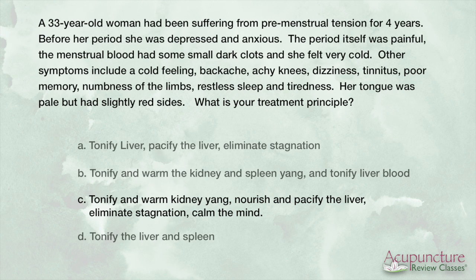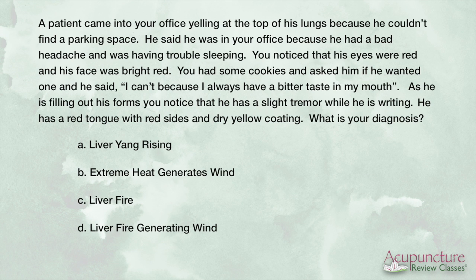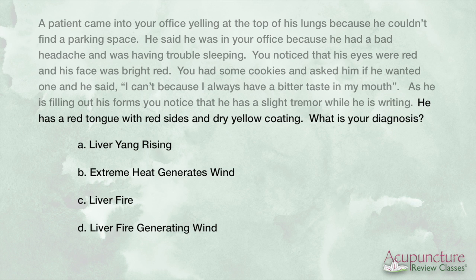All right, let's look at number three. The last sentence, what is your diagnosis? He has a red tongue with red sides and a dry yellow coating. So red tongue with red sides. I am probably wanting to get rid of liver yang rising because liver yang rising does not have a dry yellow coating.